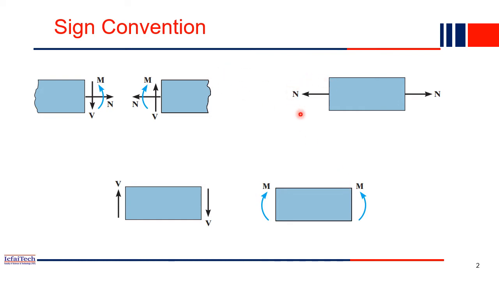Just remember, if a body is in tension, we'll call it positive. If because of the shear force the body tries to rotate clockwise, it is a positive shear force. If a moment acts on a body such that the body is concave upside, we'll call it a positive moment. The reverse of these cases will be the negative sign convention.